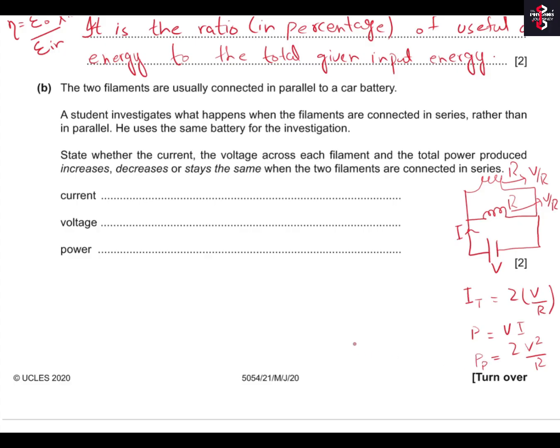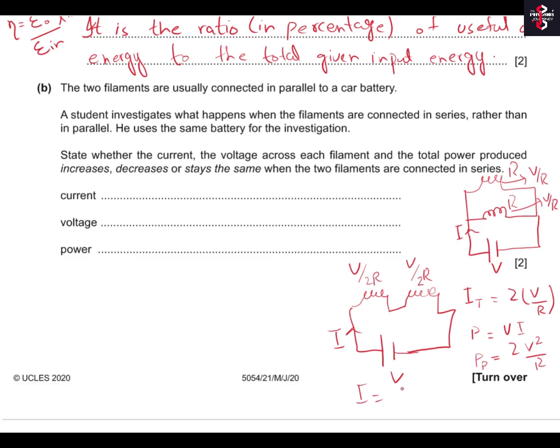Now let us make a diagram for the same filaments connected in series. This is the direction of current, this is R, this is R, this is V, and this is the direction of current I. Here the total voltage is V by 2 and V by 2.